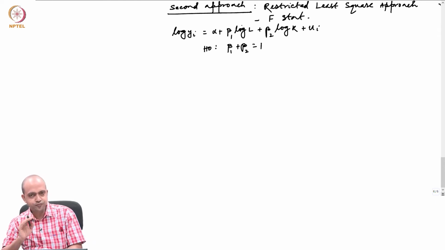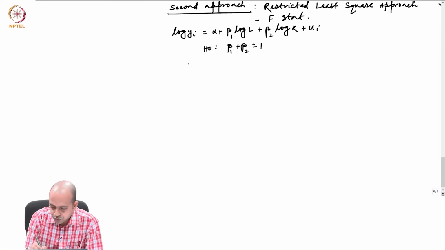So, what they are saying? You impose the restriction in the production function, derive a restricted version of the production function, estimate your test statistic, and then you see the validity of the restriction.